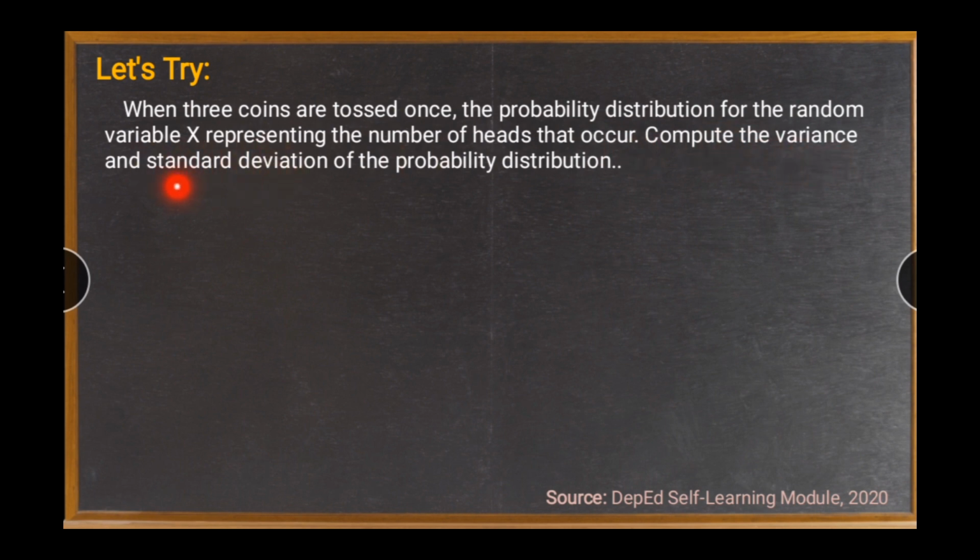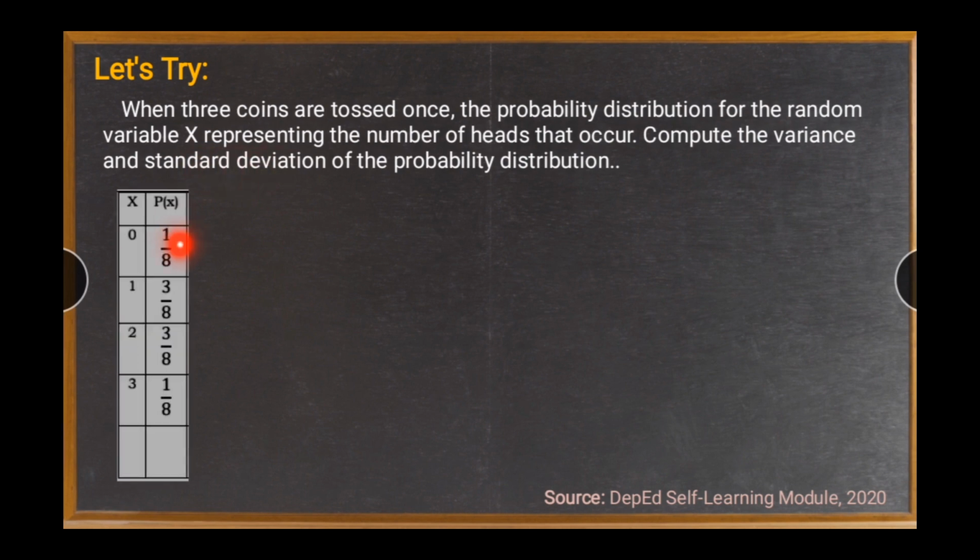Compute the variance and standard deviation of the probability distribution. Again, even though expected value is not asked, still you need to find it to solve for the variance and standard deviation.